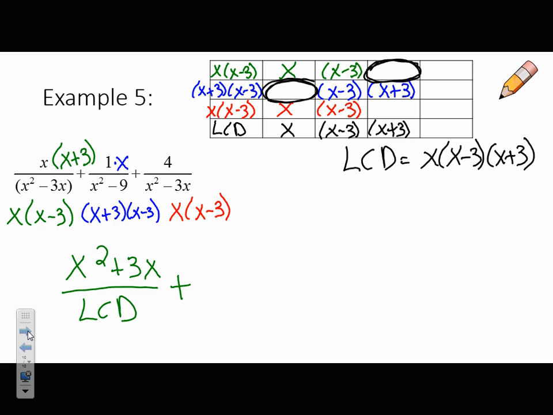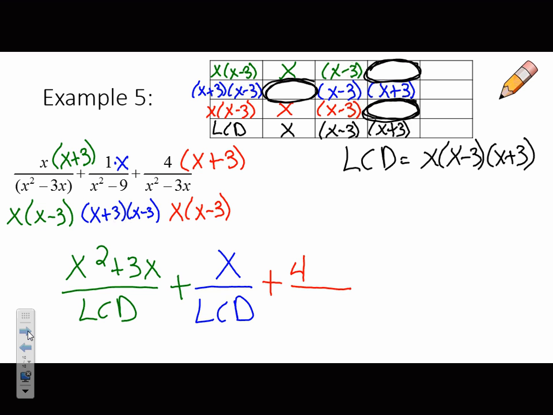So 1 times x is just x all over my least common denominator. And my last fraction, I am missing x plus 3, so I need to multiply my numerator times x plus 3, and that's going to give me 4x plus 12 over my least common denominator.